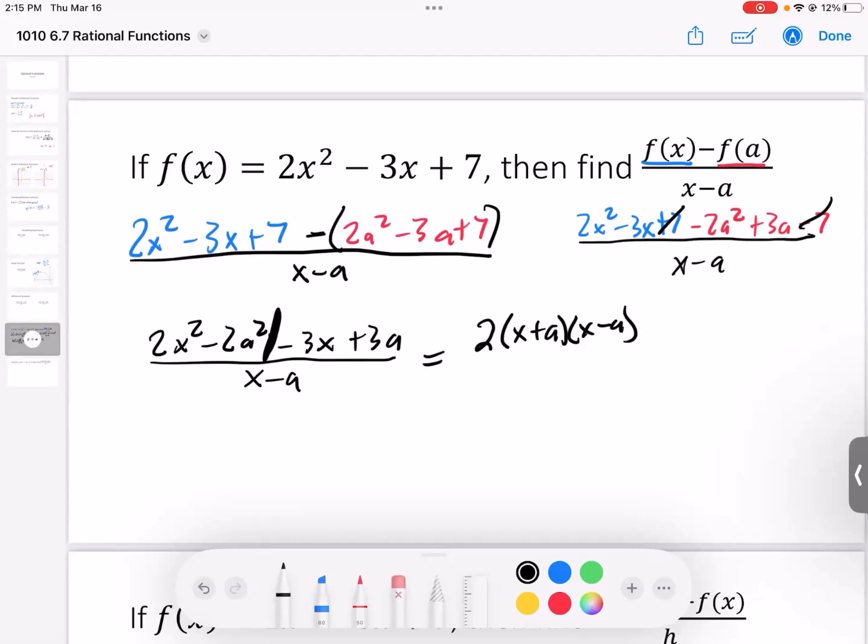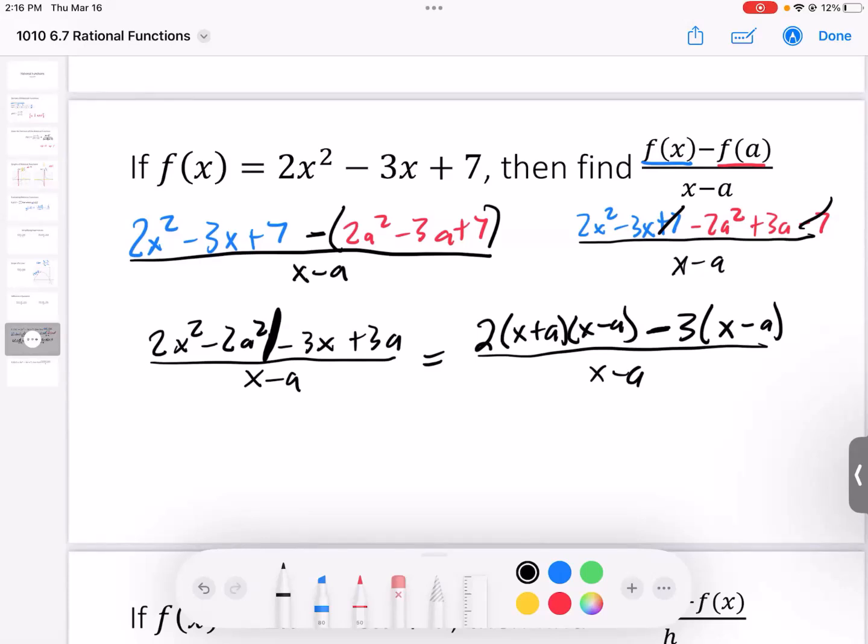And then in my second group, I have a -3 in common, and that gives me x minus a. And all of this is still over x minus a on the bottom. So this is part of the way through factoring by grouping, but to finish, because I still have this stuff plus this stuff, I look at what factors these two parts have in common.